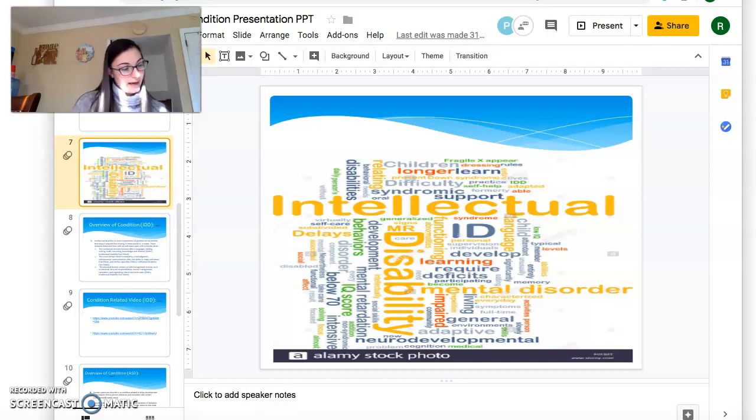All right, so now if we look at a few of the risk factors, genetics is definitely one that can include a copy number involving one or more genes. So that's a chromosome disorder. That could definitely be a risk factor and be a reason why an individual can be diagnosed with intellectual disability.